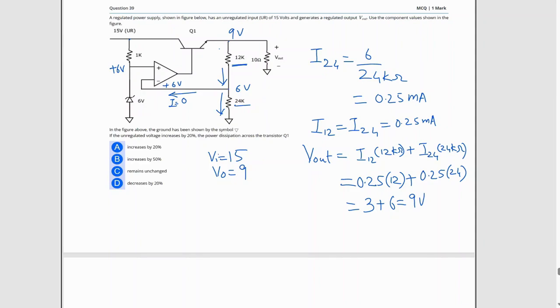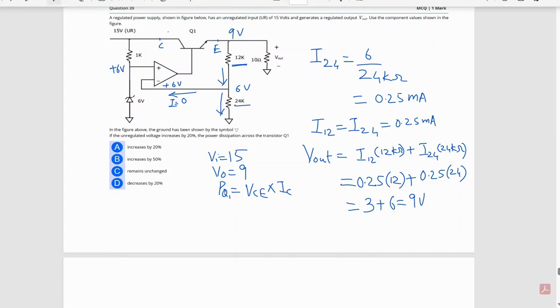Power dissipation across Q1 is given by VCE into IC. What is VCE? This is collector, this is emitter. So VCE is VI minus Vout.